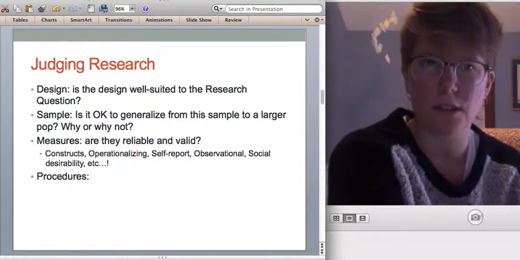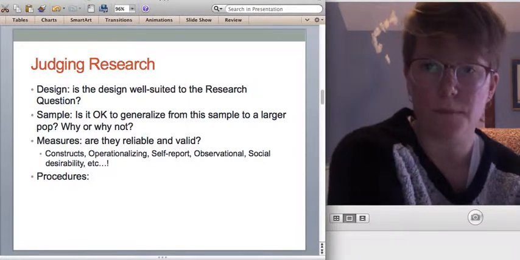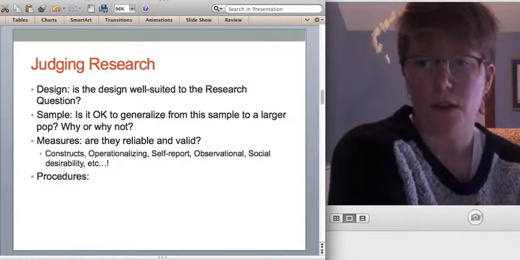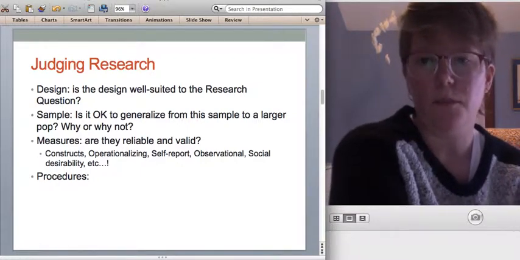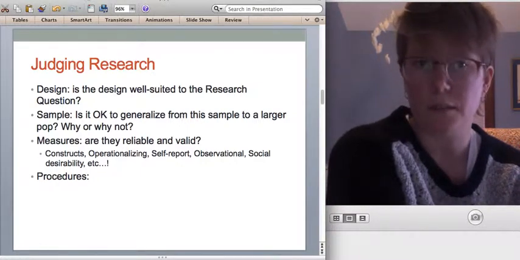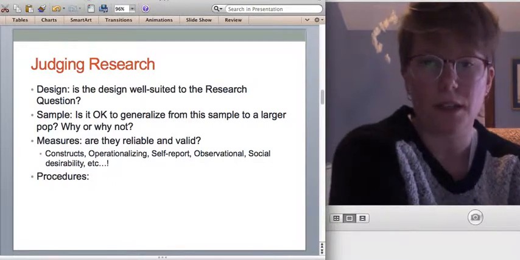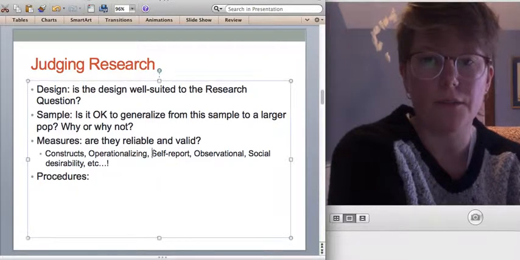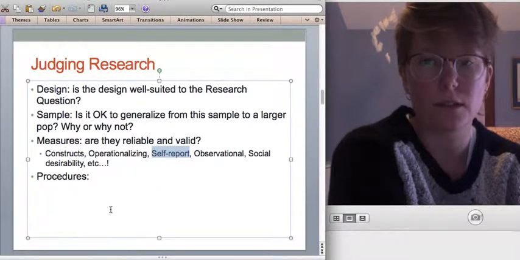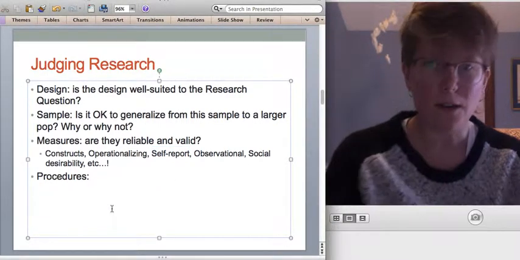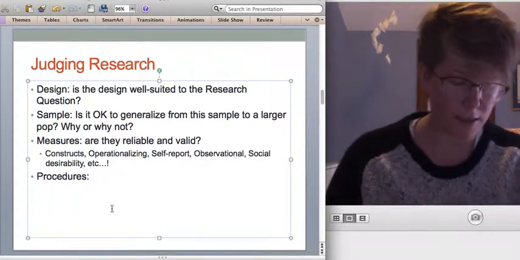These are the kinds of questions that come up around constructs. Operationalizing, that's how are they going to put that idea on the ground so they can measure it. Now, often in our field, we get measurement that's really heavy on self-report. We ask these people, how did you feel over the last week? And this is what they said.